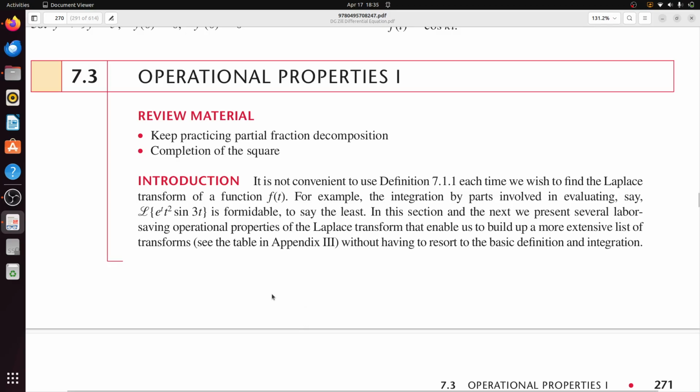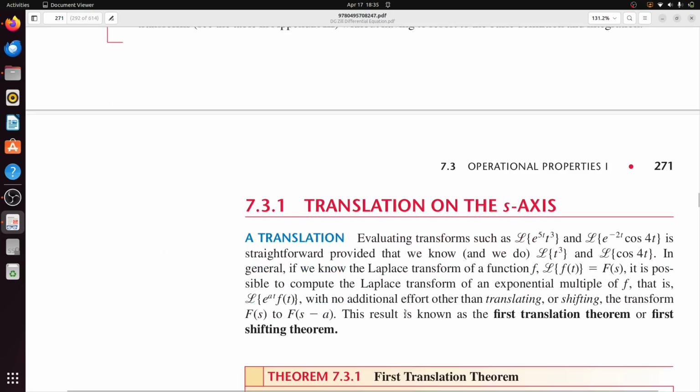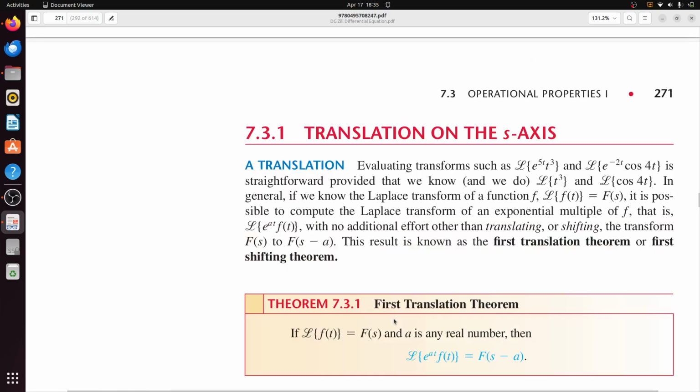I hope you all know what I am trying to say, that integration by parts for this type of complicated function is itself a huge task. So there are some methods by which you can mitigate this type of problem.